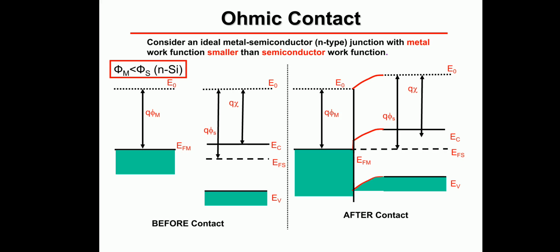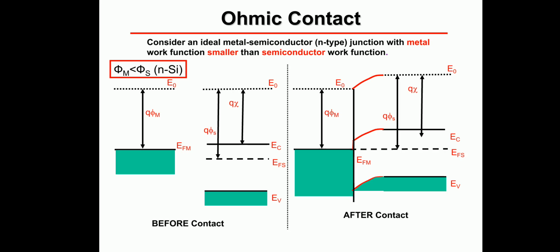So the barrier to electron flow between the metal and the semiconductor is small and easily overcome by a small voltage. In the case of p-type material, the condition is phi m greater than phi s, resulting in easy hole flow across the junction. We can see that later.